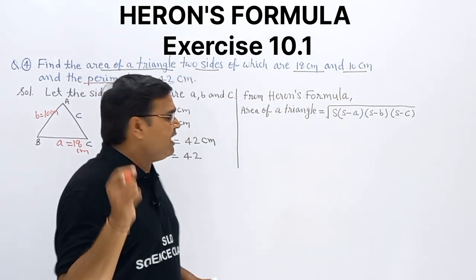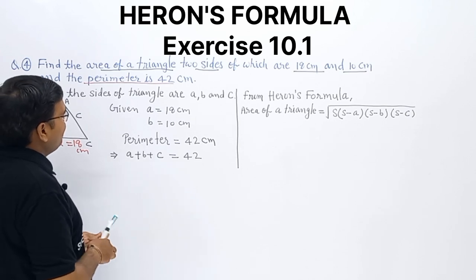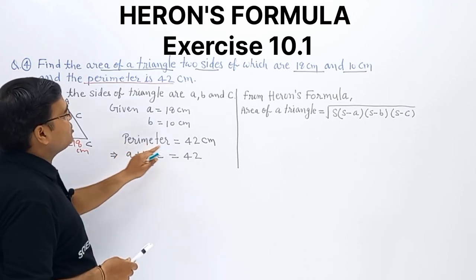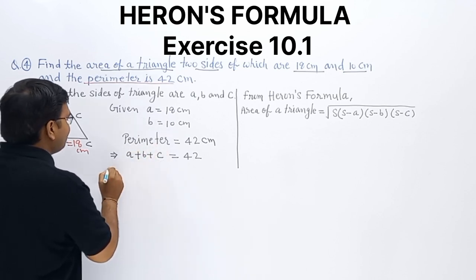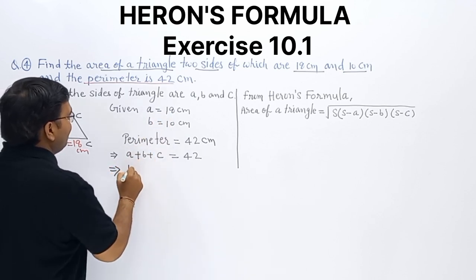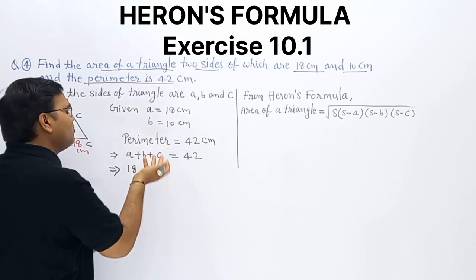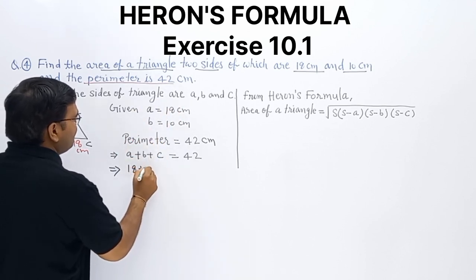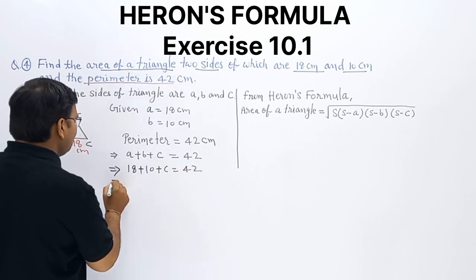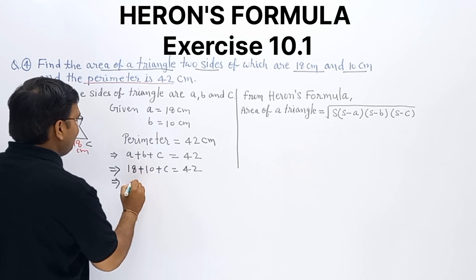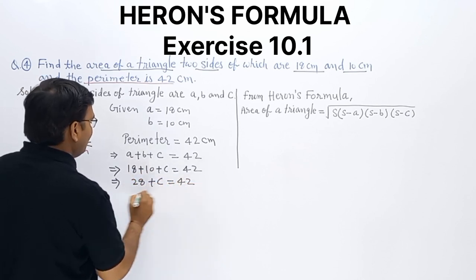Clear? So what will we put? Perimeter is equal to 42 centimeters, given in the question. It means the perimeter is the sum of all sides. Two sides we are having: A equal to 18, B equal to 10. We can interchange both, no problem. 18 plus 10 plus C equal to 42. Solve this: 18 plus 10 is 28, plus C equal to 42.